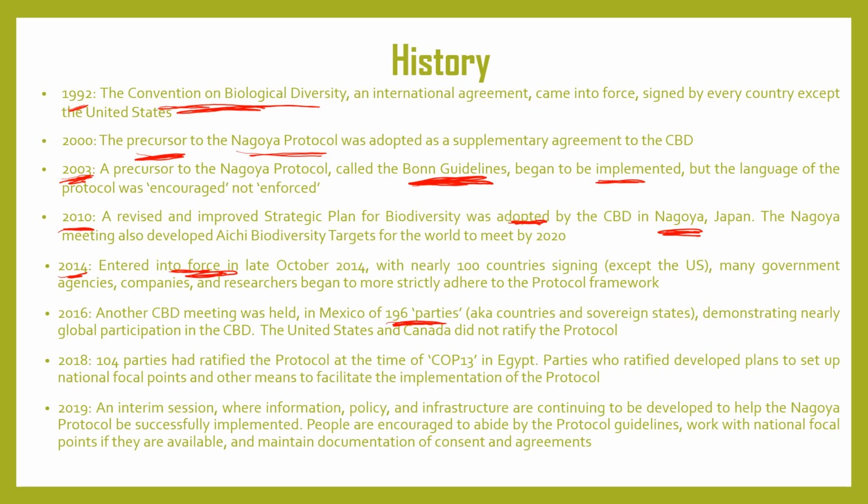So 196 parties are there in Nagoya Protocol now that have signed, and that was in 2016. Out of these 196 parties, only 104 were able to ratify this protocol up to 2018.